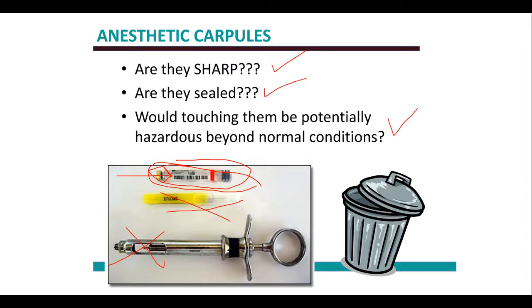And that's kind of the baseline. What are normal conditions? Nope, regular garbage. Do you have to express out the rest of the anesthetic? If there was any left in there, would you have to express that out before throwing it away? I have never seen that anywhere. If you've seen that anywhere of reputable locations, certainly contact us and let us know that, but I have never seen that you have to express out the rest of the anesthetic before throwing it away. Regular garbage, there it goes.